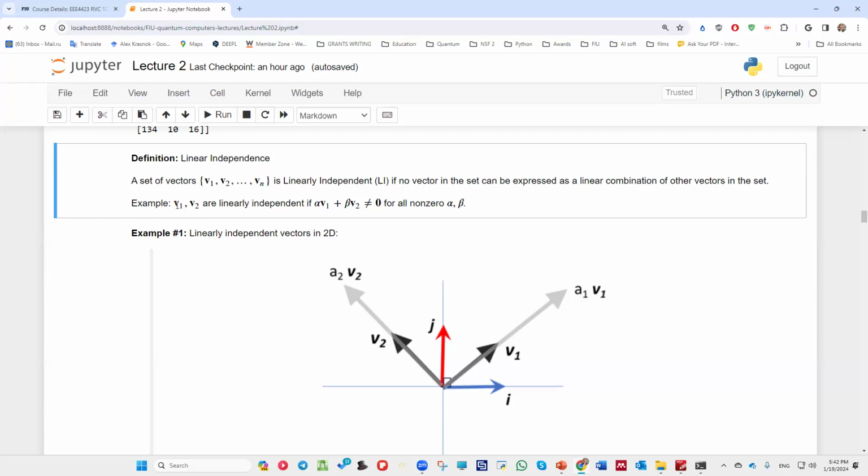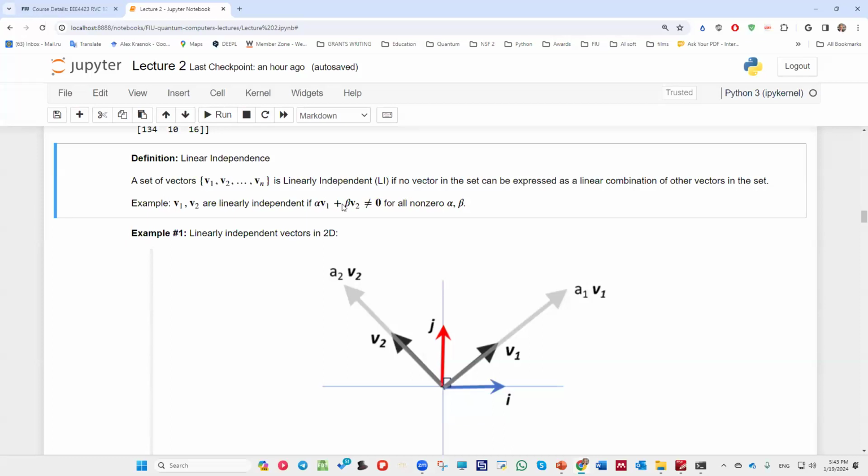And for example, here, for the vectors v1, v2, they are linearly independent if this expression, some alpha, which is a parameter, can be a complex parameter, times v1 plus beta times v2, is never equal to 0 for any non-zero alpha and beta.